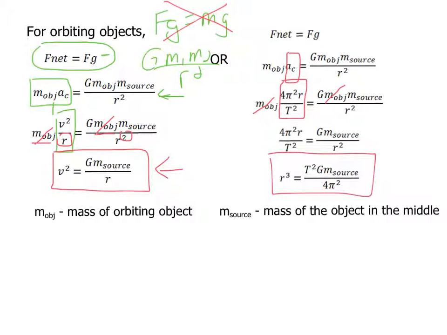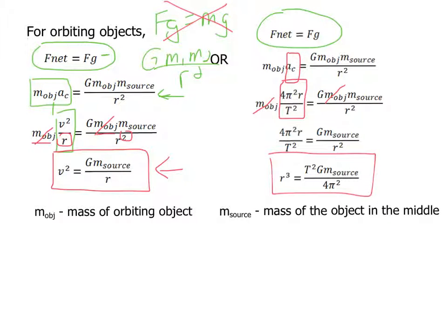These two equations are key to studying satellites. However, you should not need to memorize them because you can always derive these equations from our net force equation, Fnet equals the force of gravity. You can then substitute Fnet with m times centripetal acceleration, and Fg you can always replace with the universal gravitational formula. From then on, you need to look at your problem.